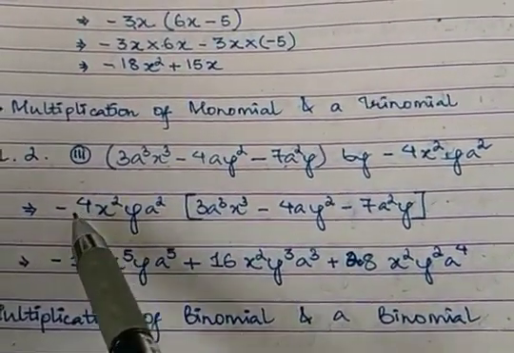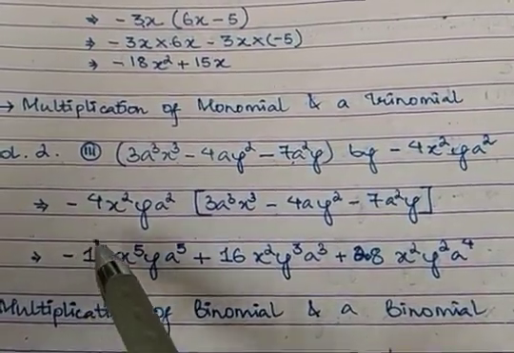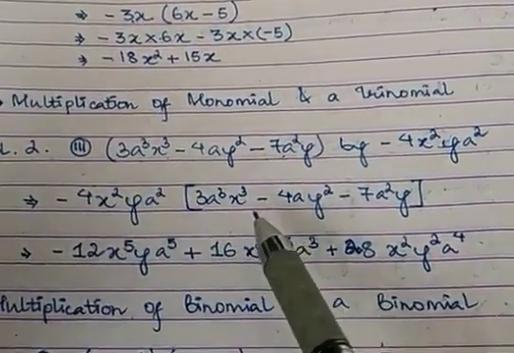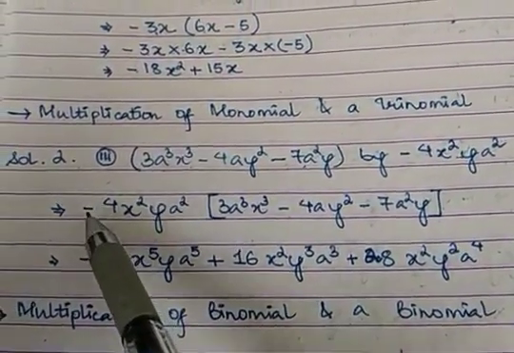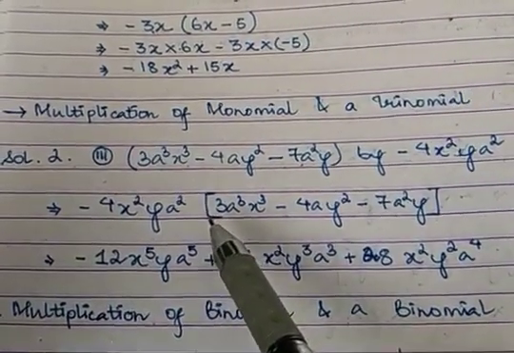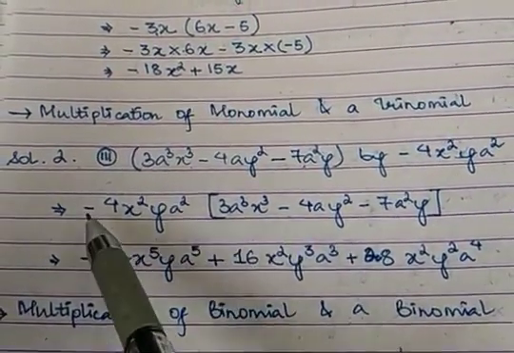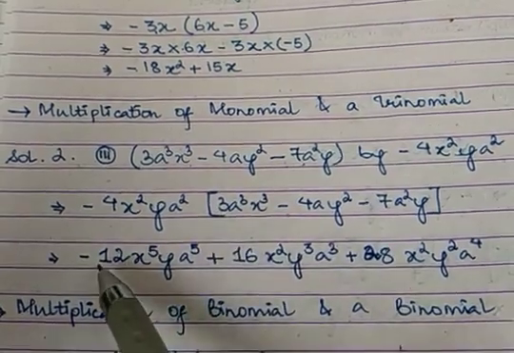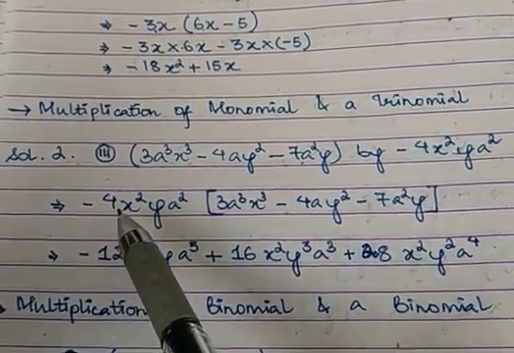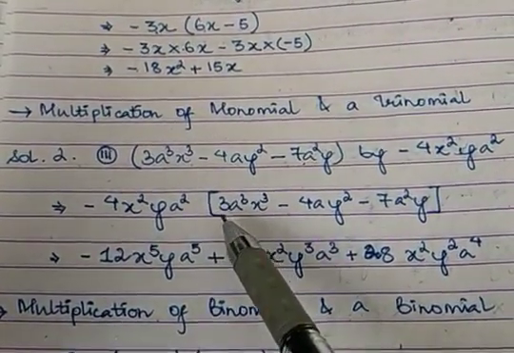See what I have done here. I know that the signs will be multiplied first and the monomial has to multiply every term. The bracket stands for multiplication, so minus into plus is minus. The constants will be multiplied first, 4 into 3, it's 12.